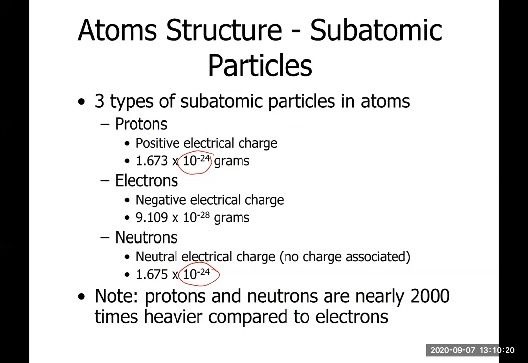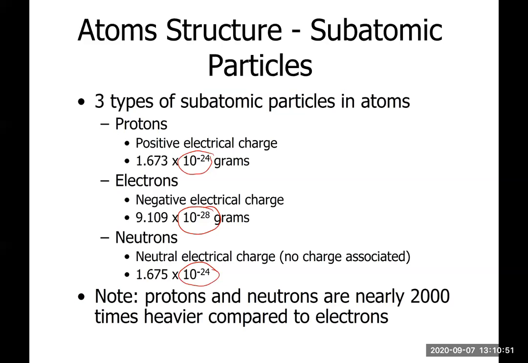Both of these subatomic particles are in the nucleus, while the electrons are outside of the nucleus in what we call the electron cloud. When you look at this mass, we're talking 10 to the minus 28 grams. So the mass of an electron is negligible compared to that of a proton or a neutron. In fact, protons and neutrons are nearly 2,000 times heavier than an electron is.